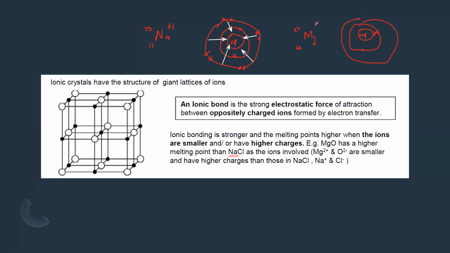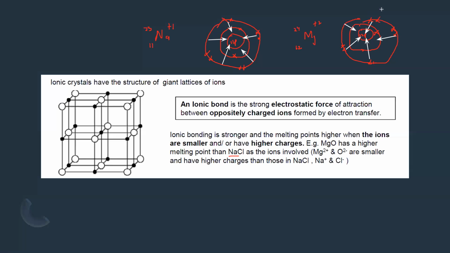If magnesium loses those 2 electrons, there will be a magnesium ion and it will have 8 electrons in the second shell. These electrons are attracted by how many protons? 12 protons. So 12 protons are attracting these outer shell electrons in the second shell.